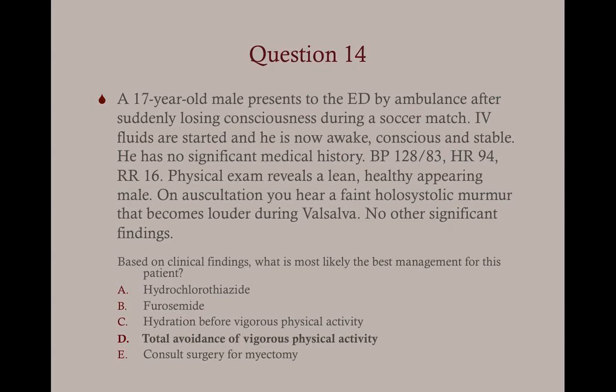Why? Because all of those are valvular lesions. So if you're told that it becomes quieter during Valsalva or louder during leg lift, then what you have is more than likely a valvular lesion, a stenosis or a regurgitation.